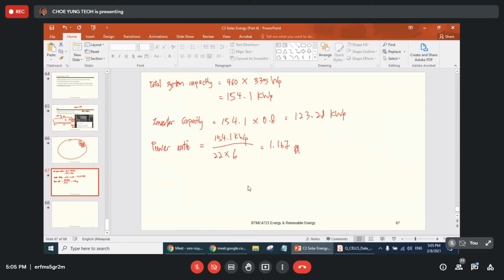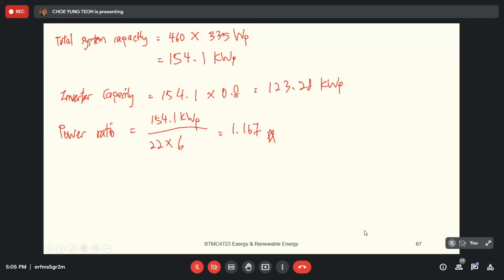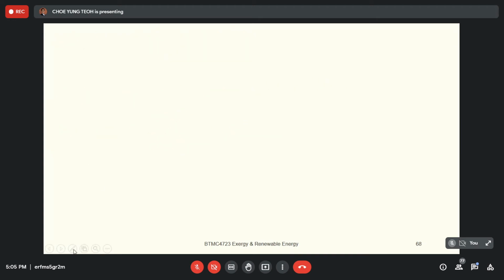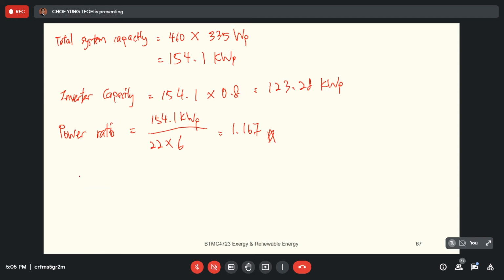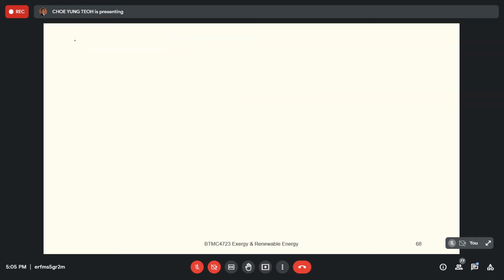Okay, so now you have selected the inverter and you have the power ratio, then you try to calculate for the worst case estimation by calculating the maximum voltage. In that case, we have to look for the open circuit voltage and maximum power point voltage.